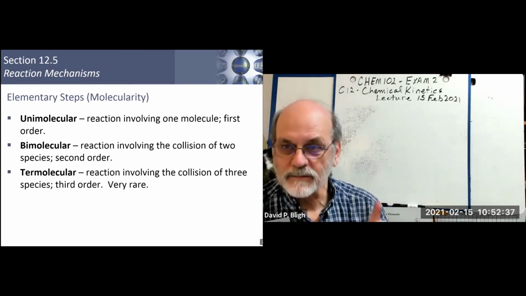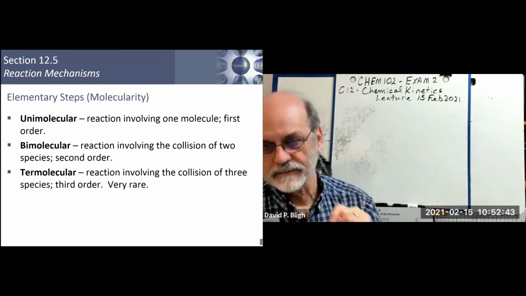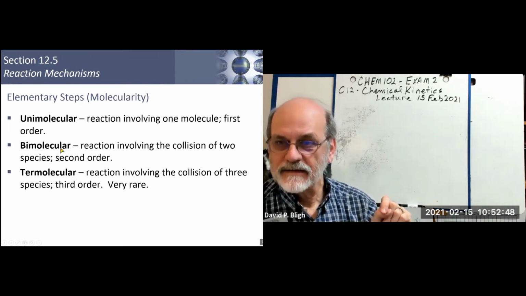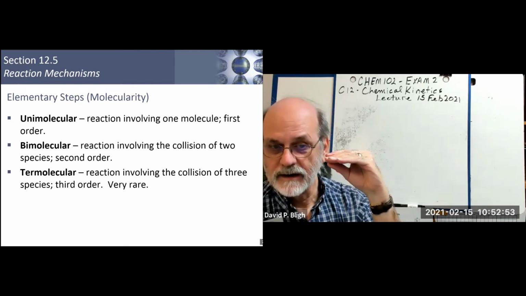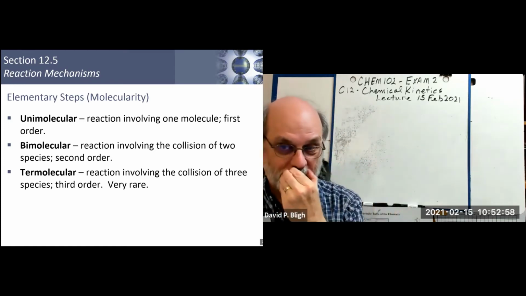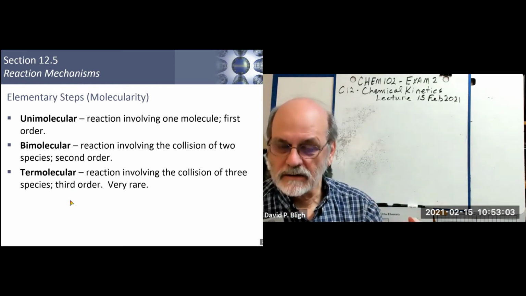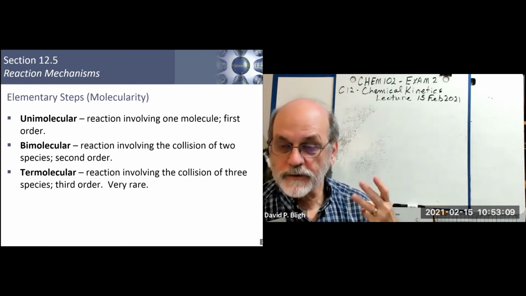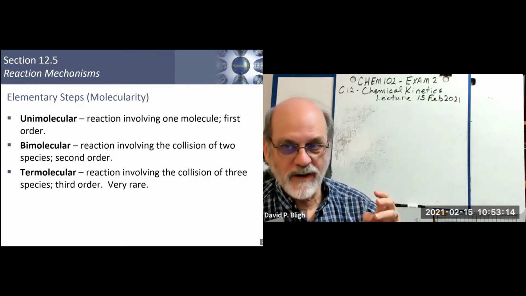Okay. 1 reactant means first order for that reactant in that elementary step. If there are 2 reactants, then for that elementary step, it's bimolecular, and that step is second order. Okay? If it's termolecular, that means 3 reactants, and the order for that step is third order. These are very, very rare.